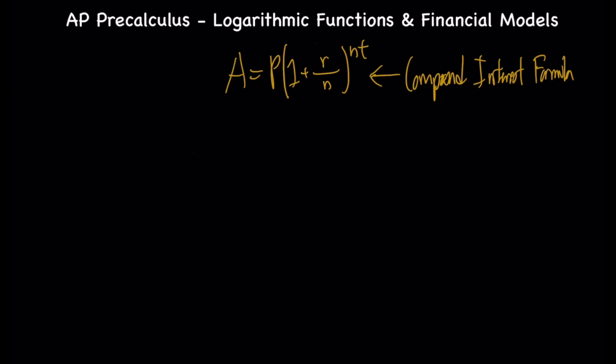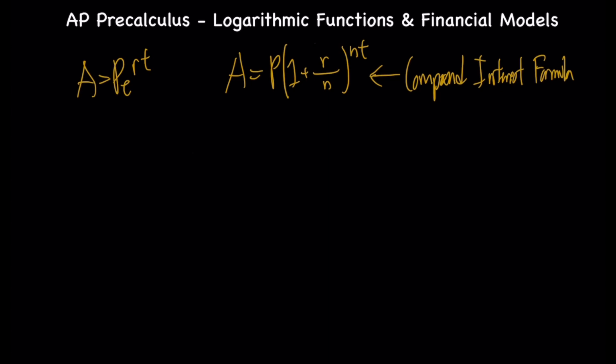If you took Math 3, or the math right before precalculus, you may already recognize this formula. There's also an alternative formula for continuous compounding, which is A equals P times e to the power of rt. So, PERT, if you will.